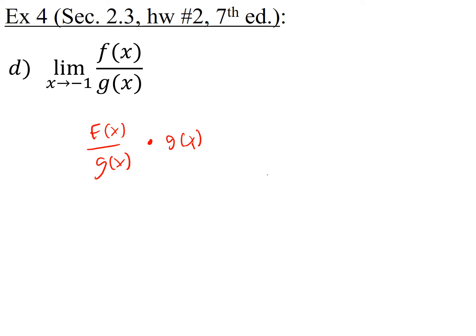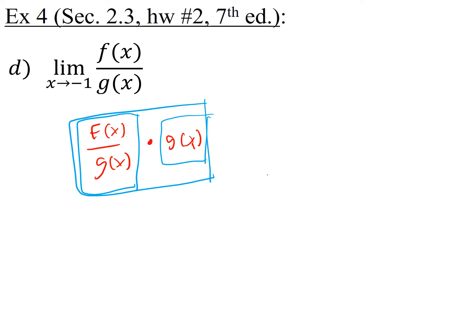But if I make the assumption that this limit exists, and we know this limit exists, it's 0, then the limit of the entire thing will exist from the multiplication limit law. But then that would mean that the limit of f exists. Now we know it exists, but there's an extra thing here, that the limit of g is 0. So when we use the limit law, we're going to get some limit here times 0. And remember, these cancel, we just get f, and we'll get that the limit of f is 0. So that's the idea.